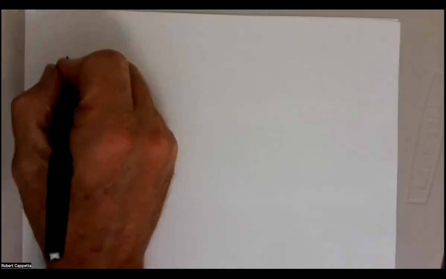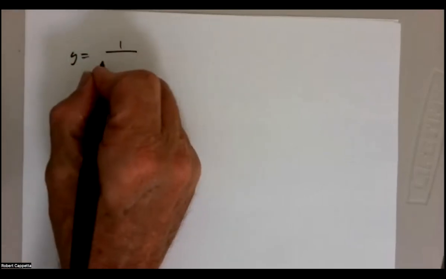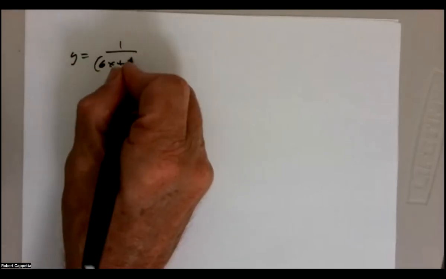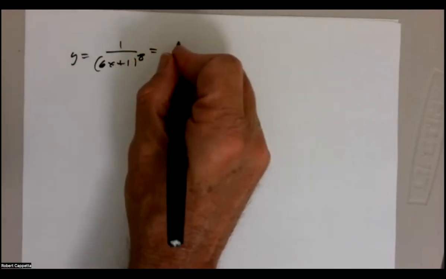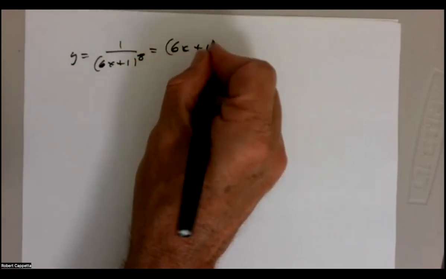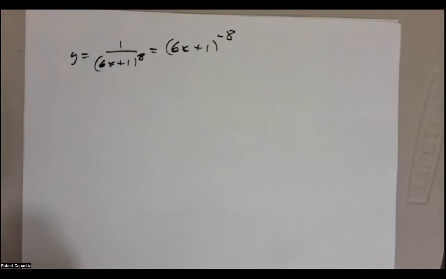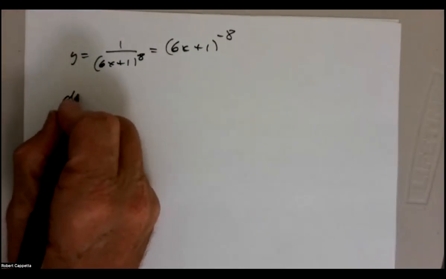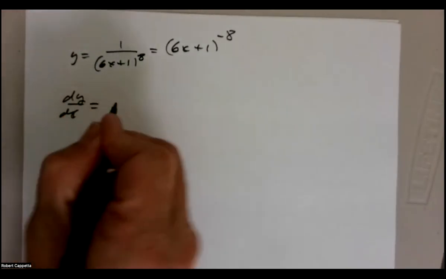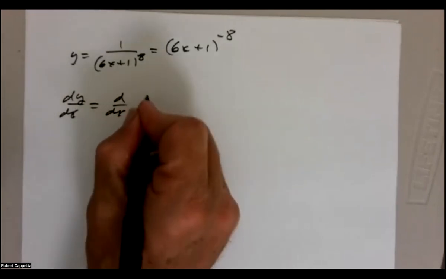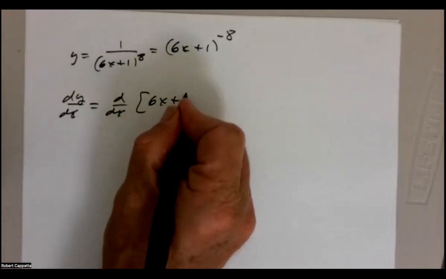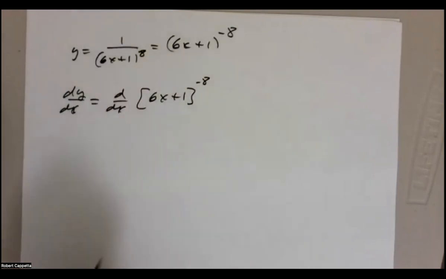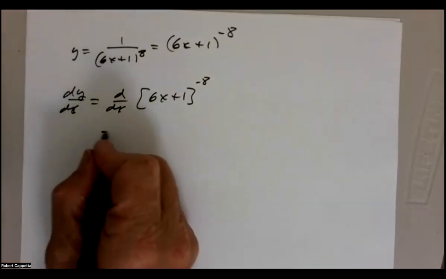Next, y is 1 over (6x plus 1) to the 8th, which we're going to write as (6x plus 1) to the negative 8th. So dy dx is the derivative with respect to x of (6x plus 1) to the negative 8. What is that?